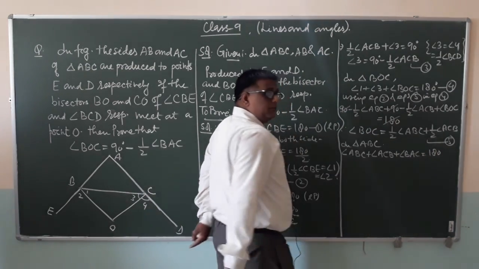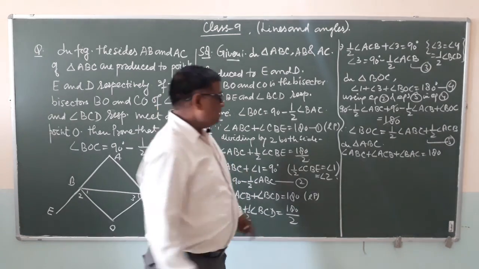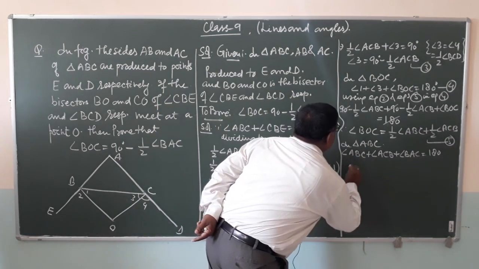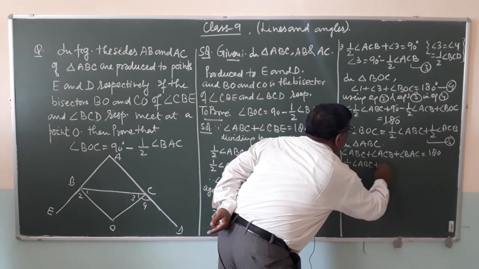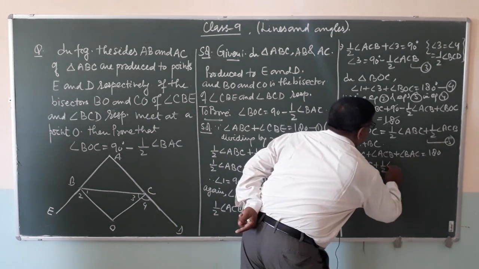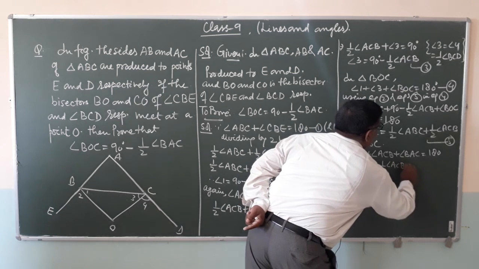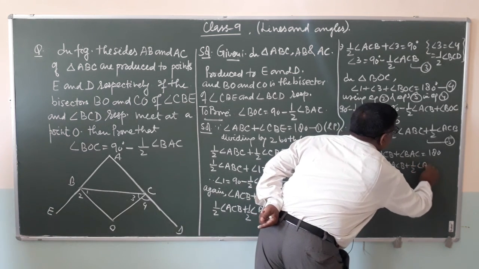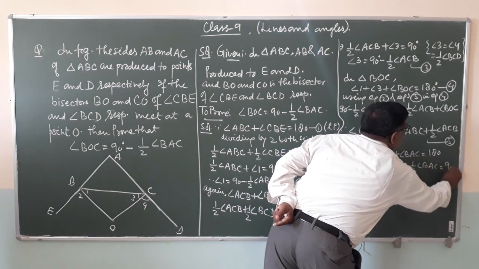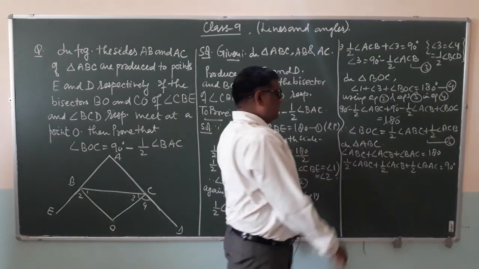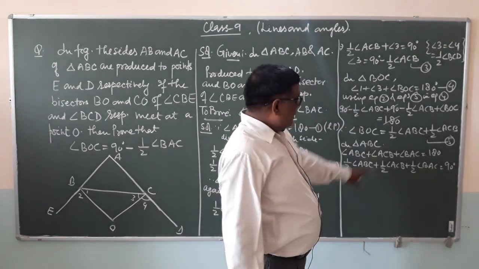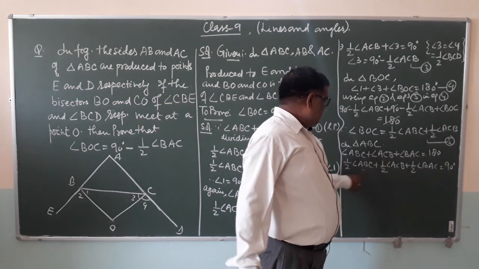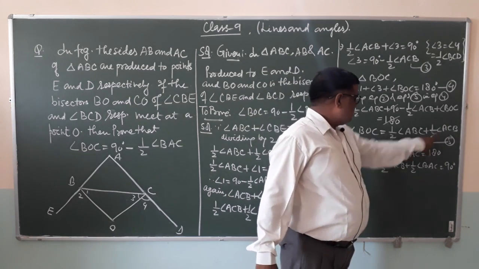Now dividing both sides by 2, we get 1 by 2 angle ABC plus 1 by 2 angle ACB plus 1 by 2 angle BAC is equal to 90 degrees.